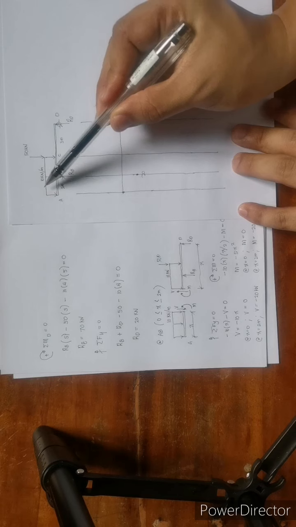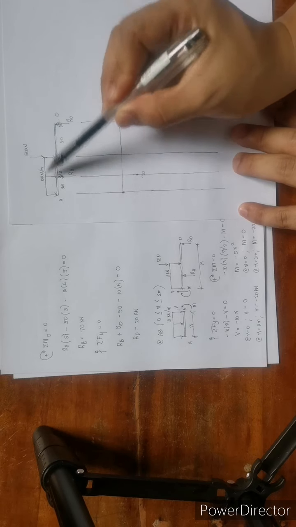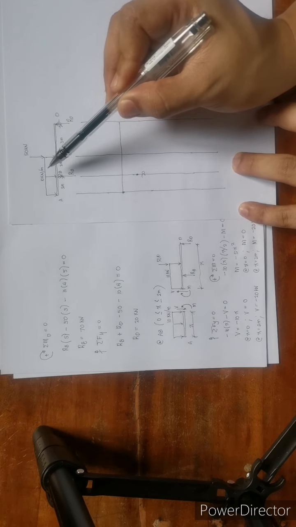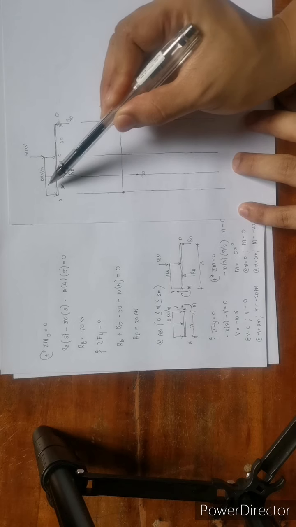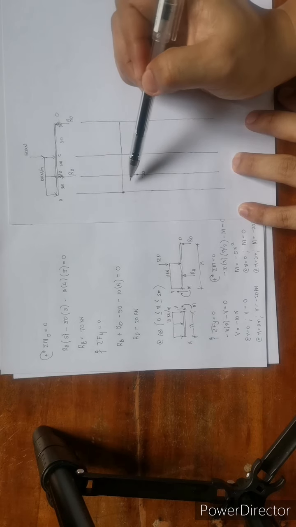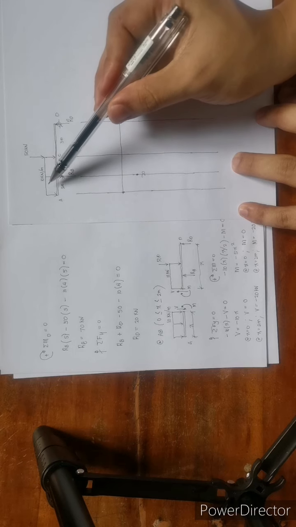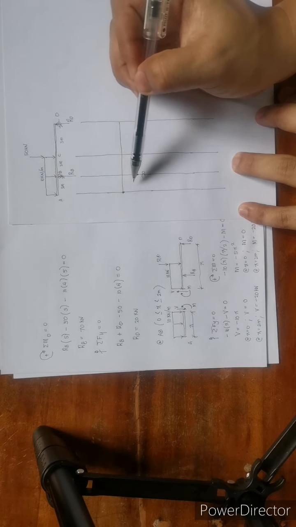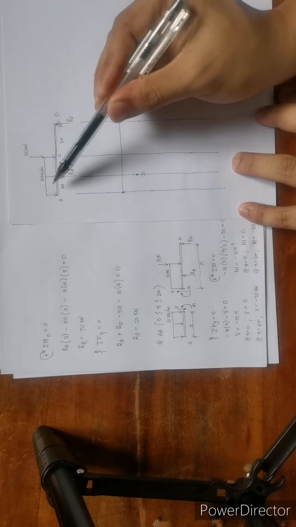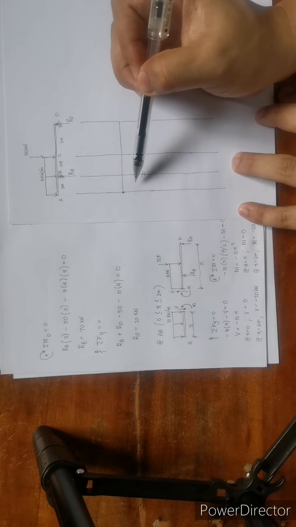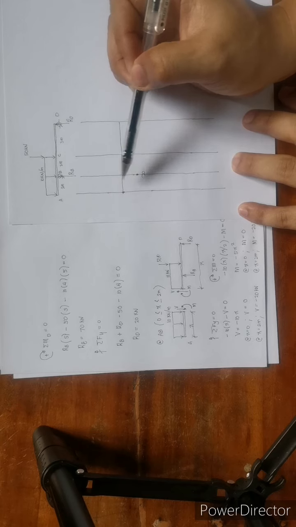Yung diagram natin dito ay horizontal. Pag horizontal po, yun ay tinatawag natin 0 degree curve. So, pag 0 degree curve siya dyan, pag dodrawing na natin siya dito, magiging first degree. Pag first degree ka dyan, pag dodrawing natin siya dito, second degree. Pag second degree ka dyan, pag idodrawing natin dito, third degree. Okay, nag-a-add lang po ng isang degree.